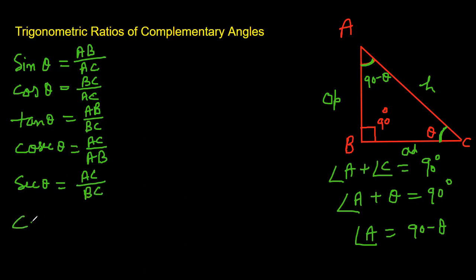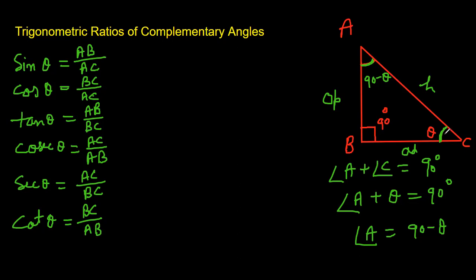And finally cot theta can be written as the reciprocal of tan, that is BC up, AB down, so BC divided by AB. So these are the trigonometric ratios for angle C or theta.